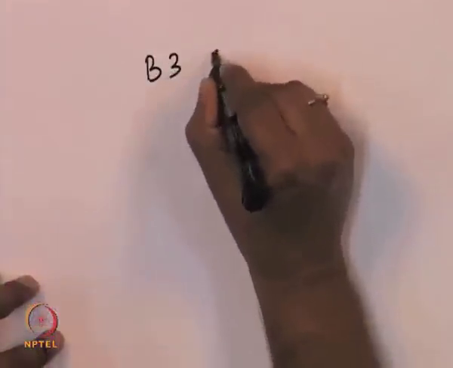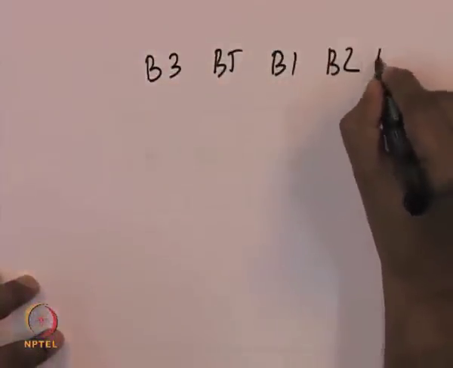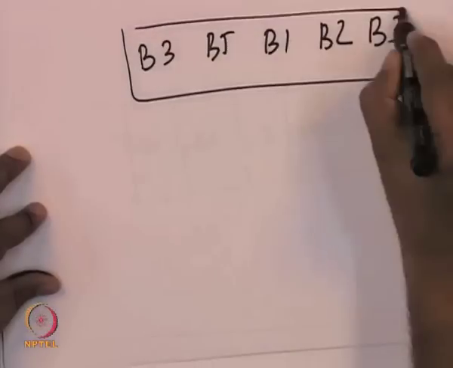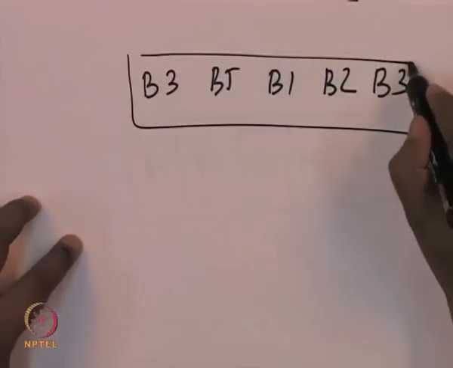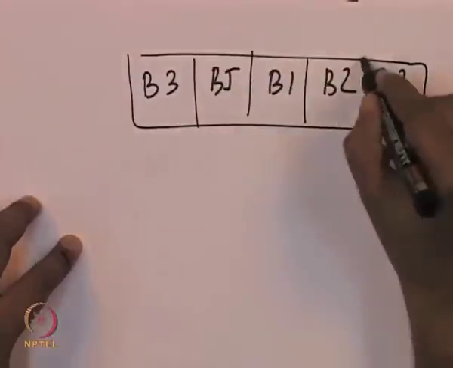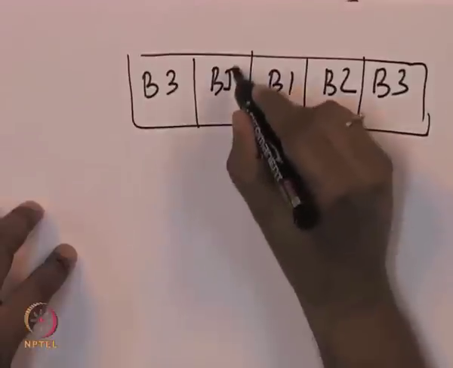So, at home we take all these books and put them in some order, maybe like B3, B5, B1, B2, B4. This is the way we will arrange them in the bookshelf at home.